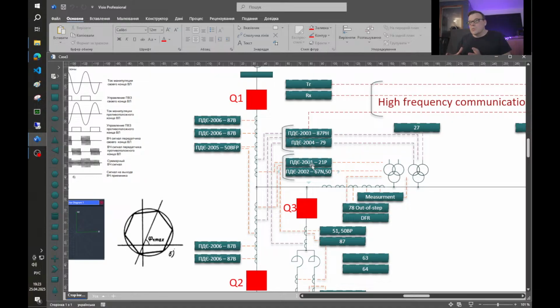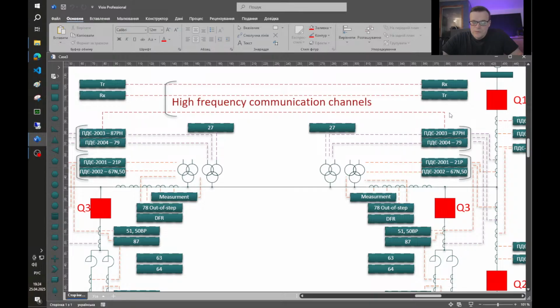And we need to say that the stages or zones that work with AR inhibition: usually the second and third zones of distance protection trip three phases with AR inhibition and send the opposite end a command for three-phase tripping.